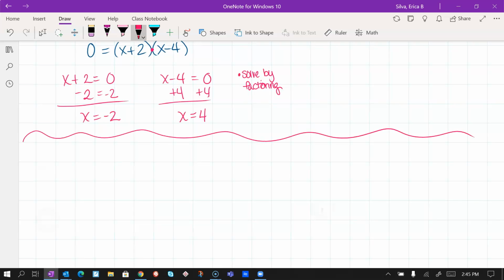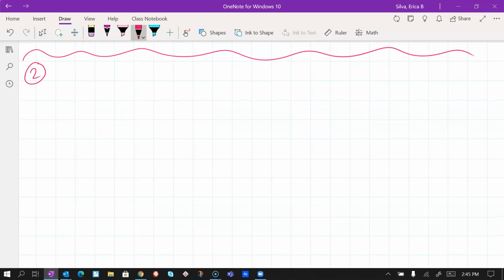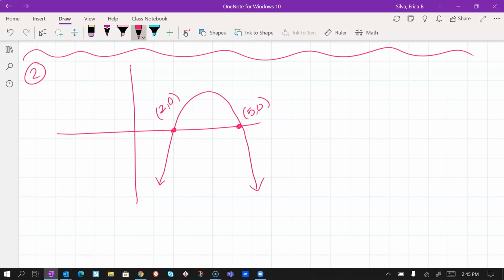All right, let's go ahead and go to number 2, our second example. How many solutions do we have? 2. And my 2 solutions are at x is equal to 2 and x is equal to 5.